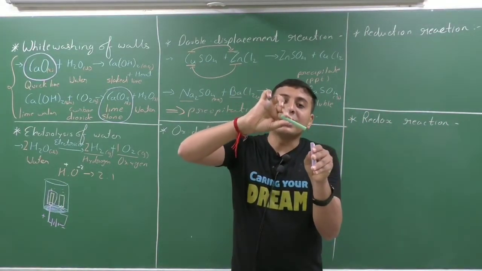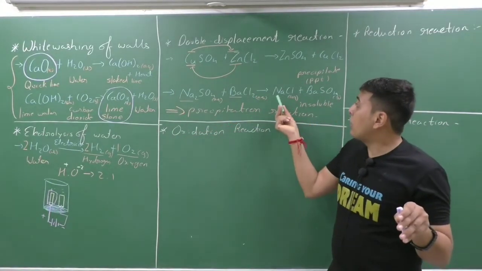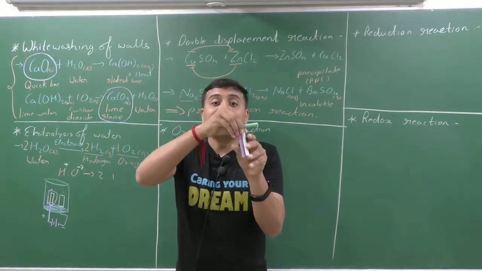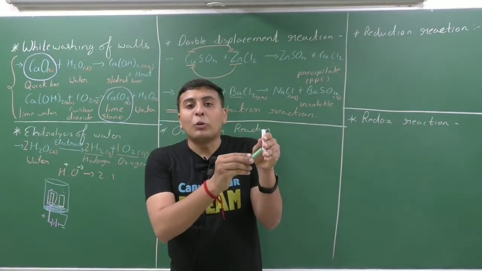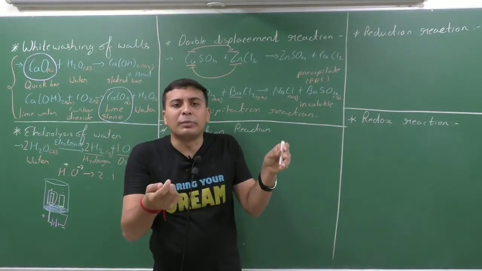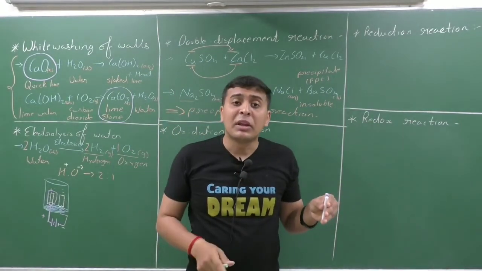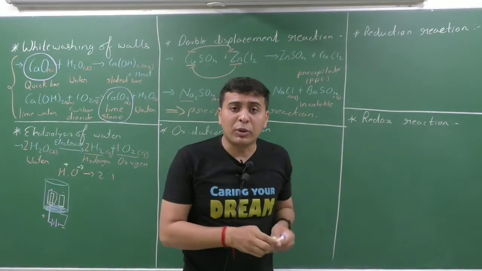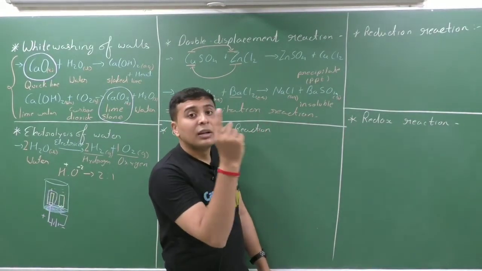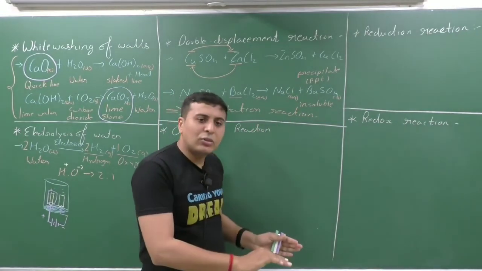When we add BaCl2 into Na2SO4, then one of the compounds will get dissolved, but another compound will be obtained. For example, BaSO4 will be obtained as white particles in solid form. What happens when you add sand into the water? You will see that some of the fine particles of the sand move in the water, and after some time they settle down.